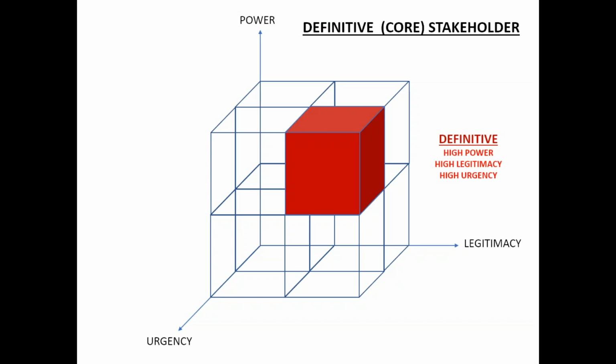We are doing it in 3 dimensions, and we will also be showing it in the bubble diagram. Right now what we are seeing is one cube out of the 8 cubes, the one cube which is high on all ends: legitimacy, urgency, and power. Your stakeholder is somewhere in this cube. So this is the definitive cube. This category of stakeholders is definitive in nature.